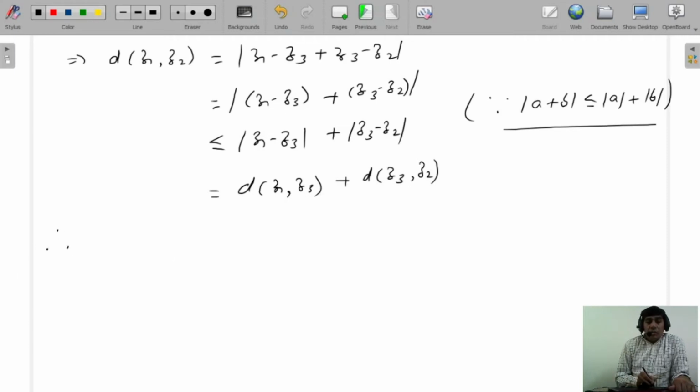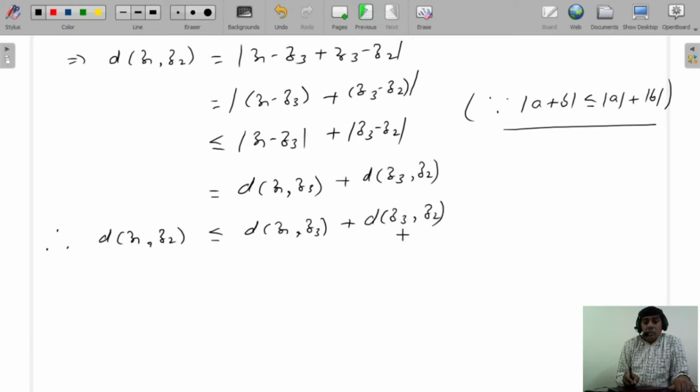So, d(z1, z2) is less than or equal to d(z1, z3) plus d(z3, z2). So triangular inequality property is satisfied.